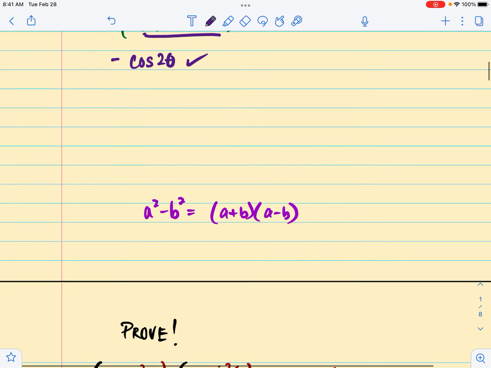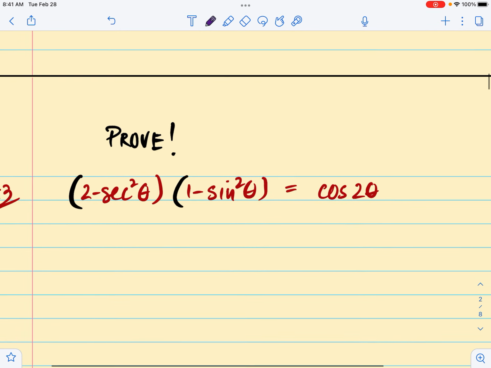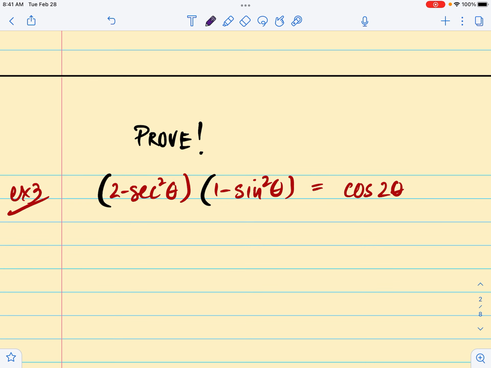I have 4 total examples. Here's the third one. Prove that this is equal to also cosine 2 theta. So keep in mind, this is a second double angle identity, so one of the formulas should start popping up at some point. When I look at the secant squared, I feel like converting it to its reciprocal identity.